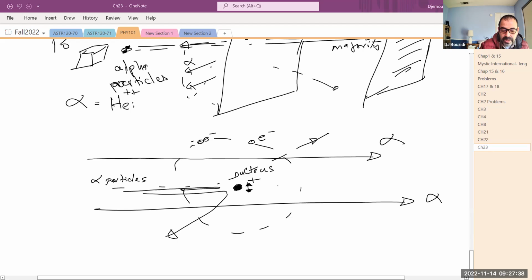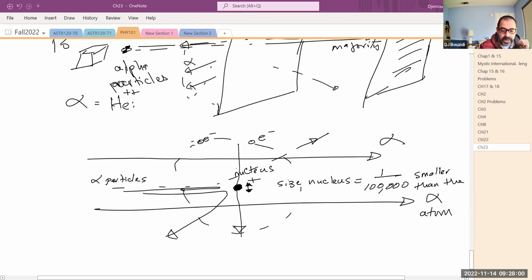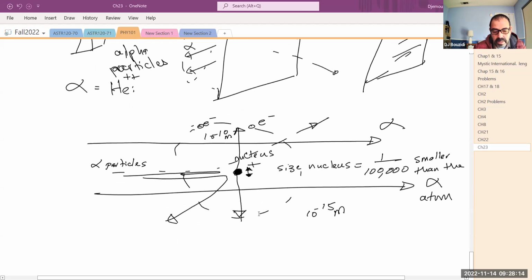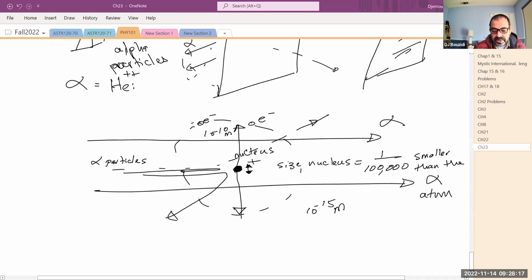And to his surprise, the size of the nucleus is about 100,000 times smaller than the atom. So if you take this size of the atom, which I said earlier in the beginning is about 10 to the negative 10 meters, the size of the nucleus is 10 to the negative 15 meters. So the nucleus is 100,000 times smaller. So that's where the positive charge is concentrated.